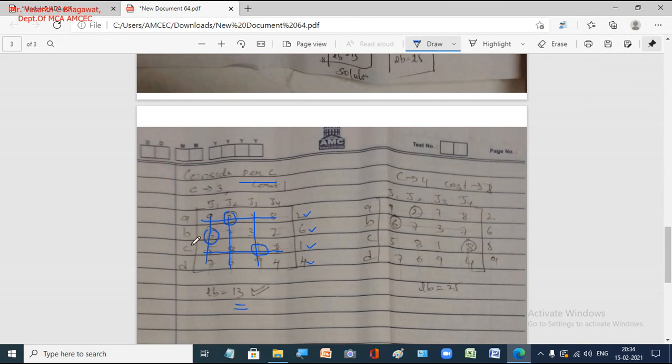So that is if you assign job 3 to C, or what you can do, you can assign job 4 to C. Now if you assign job 4 to C, job 2 to A, cost is 2. Job 1 to B, cost is 6, already from previous steps we got. Now if you assign the 4th job to C, its cost is 8.